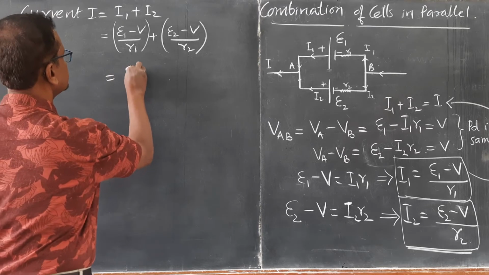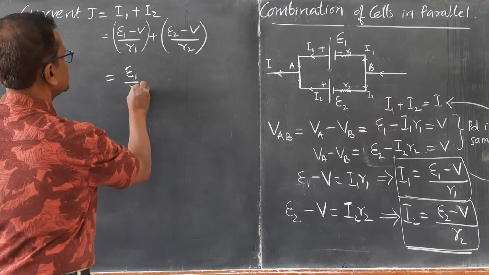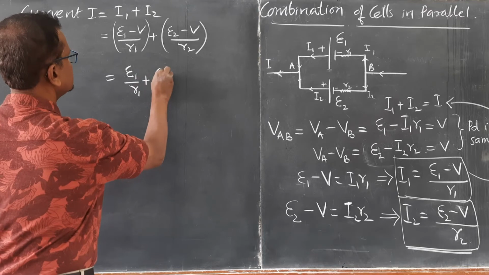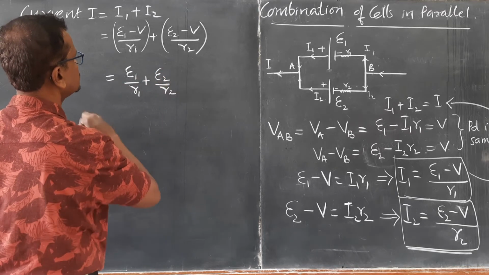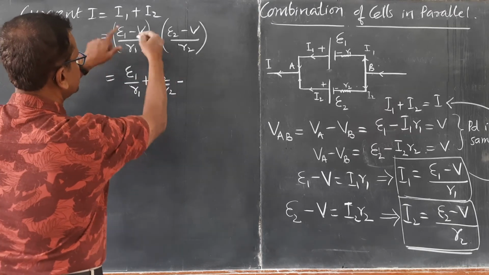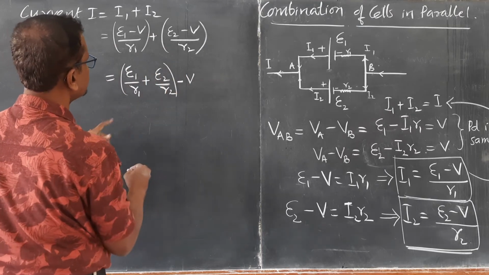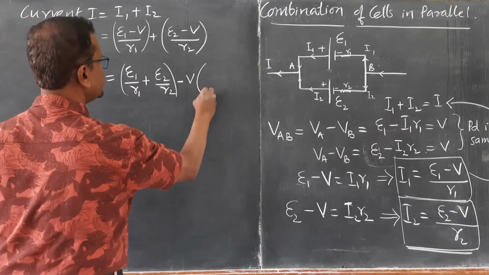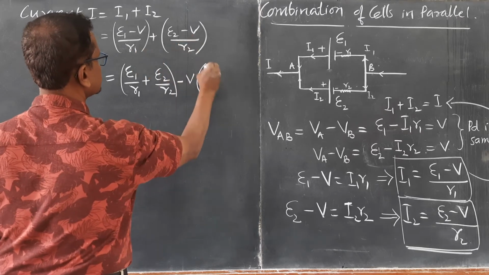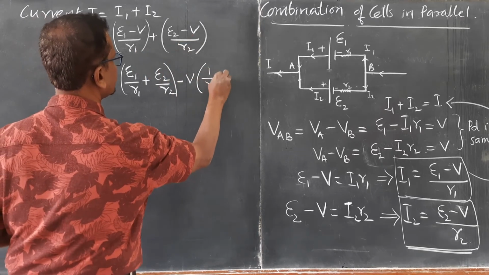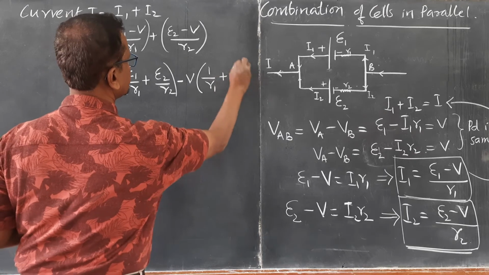This becomes E1 upon R1 plus E2 upon R2 minus, take this V outside, V into bracket 1 upon R1 plus 1 upon R2.